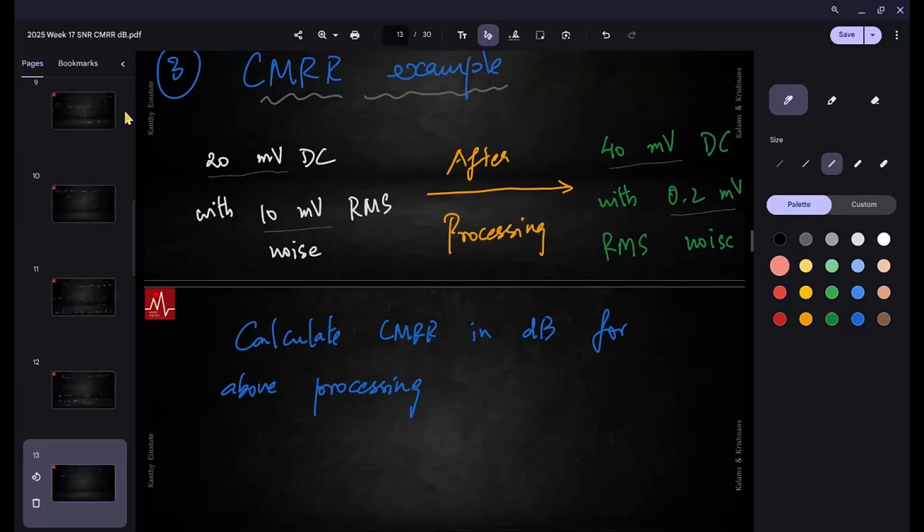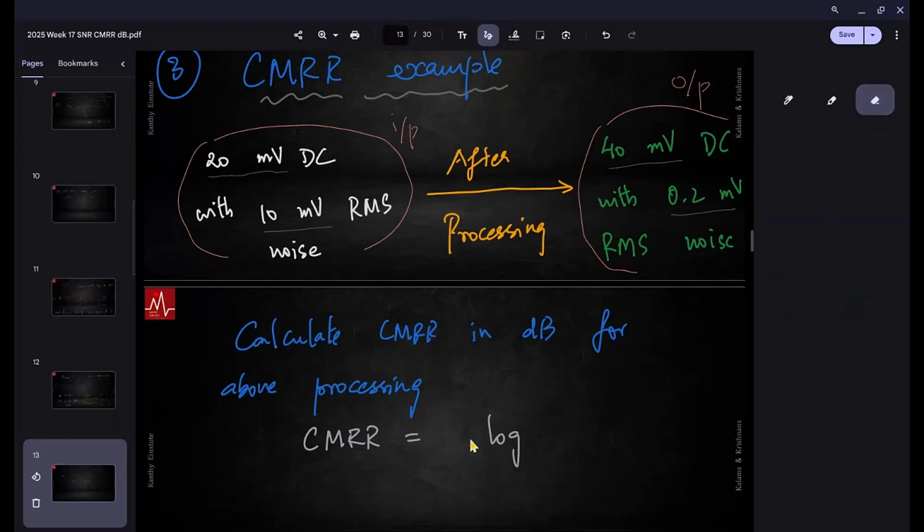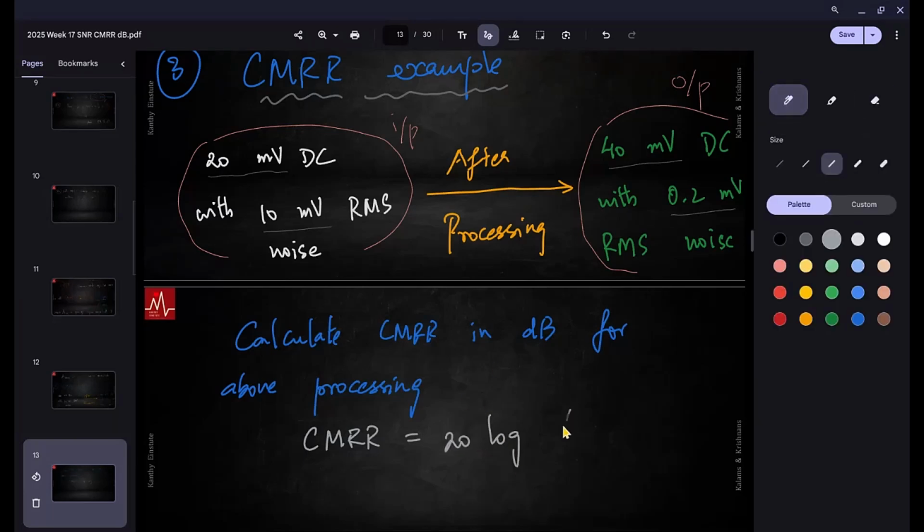Let me leave you some hints. So this is your input, and this is your output. By definition CMRR is 20 log A signal, gain in signal by gain in noise.